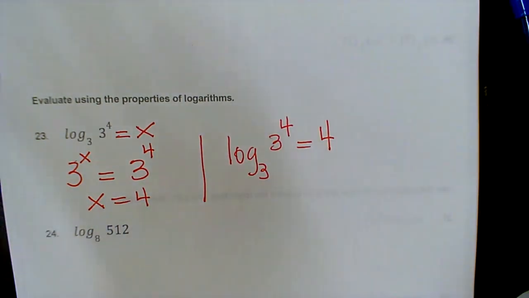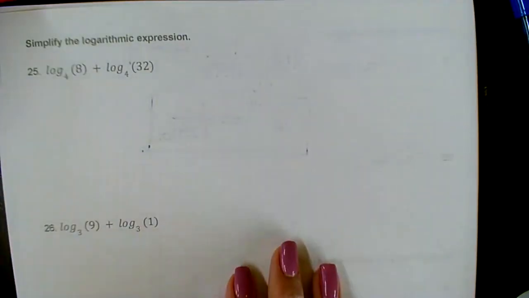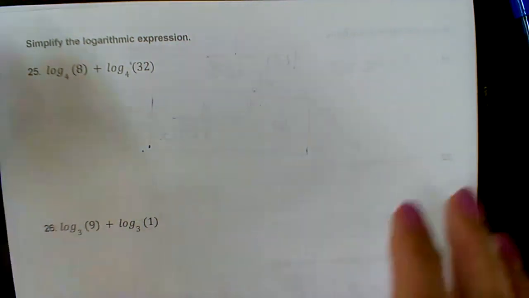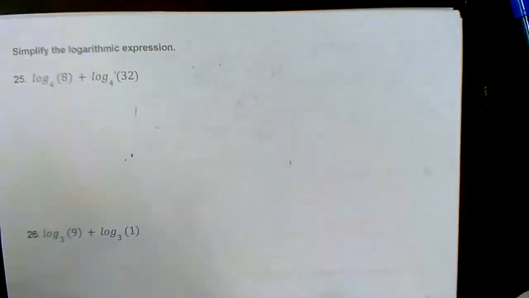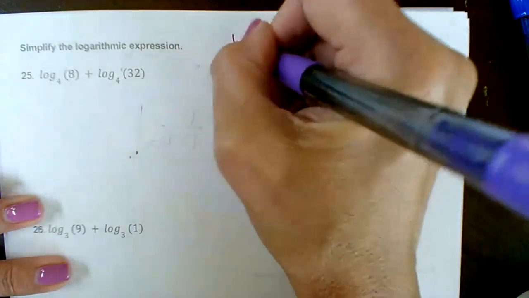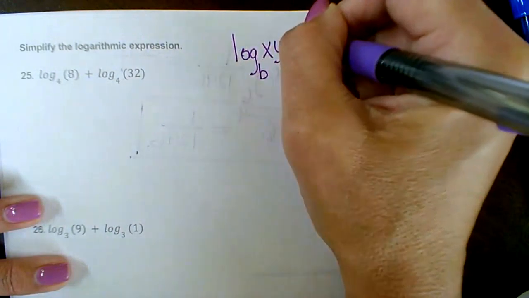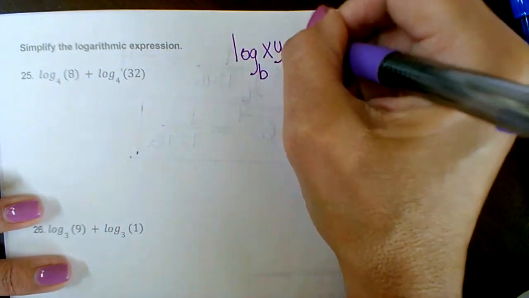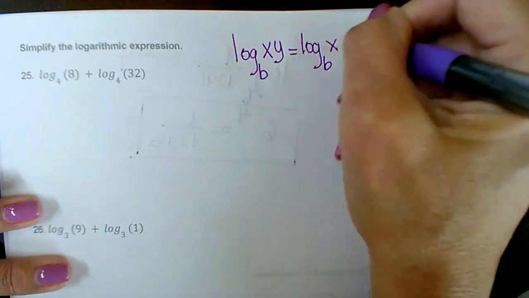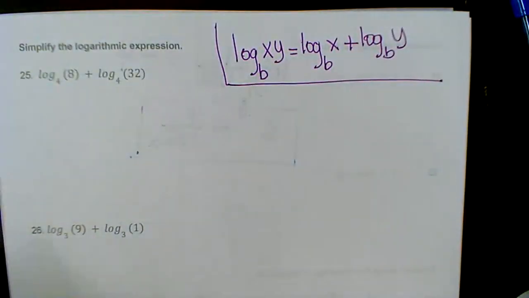Now let's do 25. Yep. They want us to simplify the logarithmic expressions. Okay, and we have, let me write it down here, this property. When we're multiplying is the same as adding. Log base p of x plus log base p of y. Don't forget that.